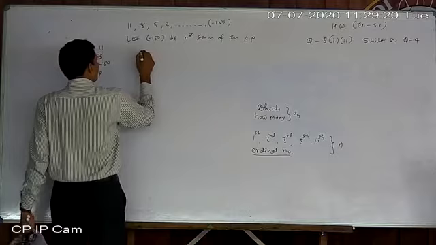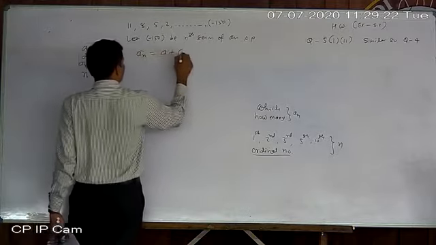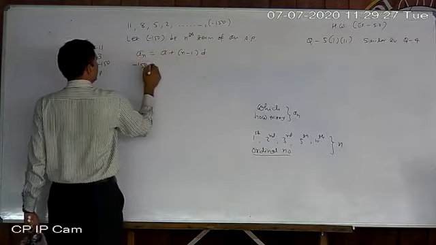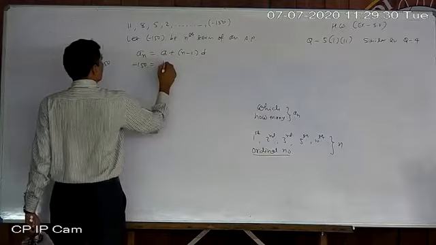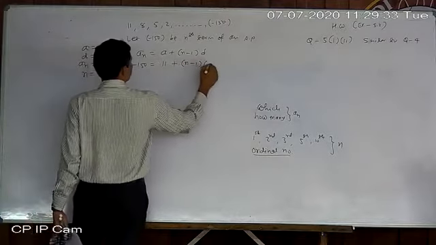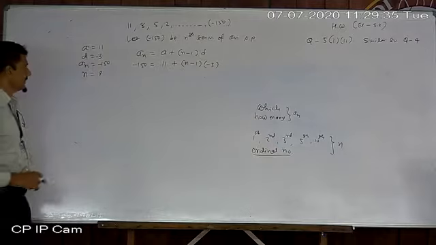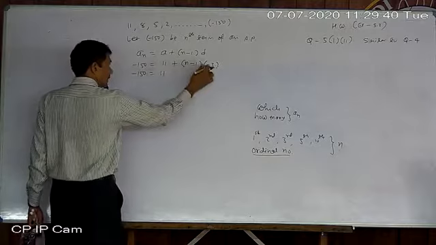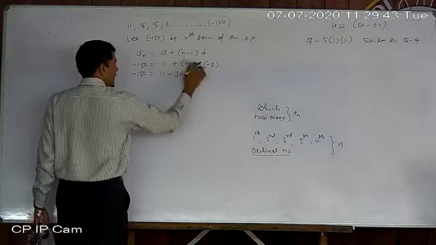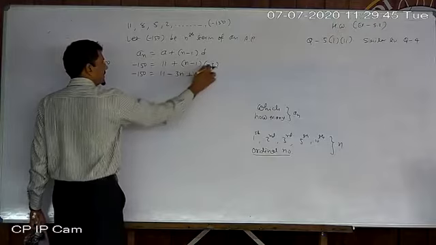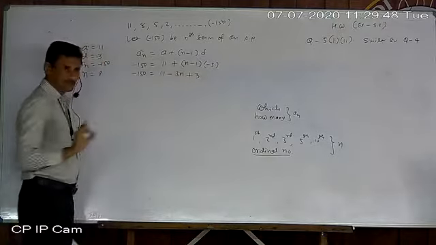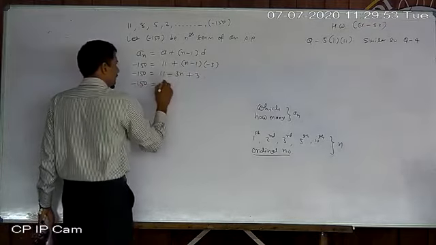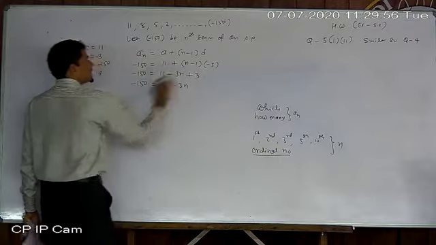So an equal to a plus n minus 1 d. Now write down minus 150 equal to a, 11, plus n minus 1, d is minus 3. I just place the value minus 150. Now it is 11 plus minus 3n minus minus plus 3. 3 into n, 3n, 3 ones are 3, but according to the multiplication rule, minus plus minus, minus minus plus. So minus 150 is equal to 14 minus 3n, 11 plus 3, 14.